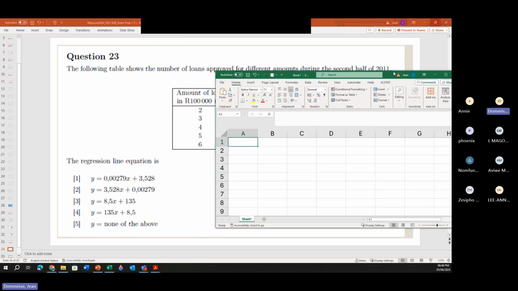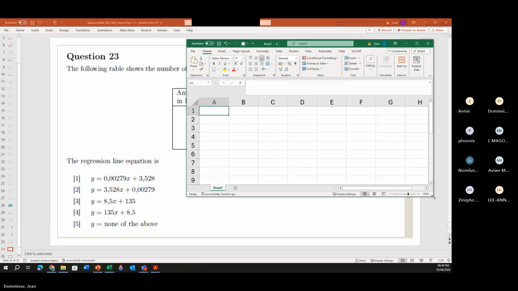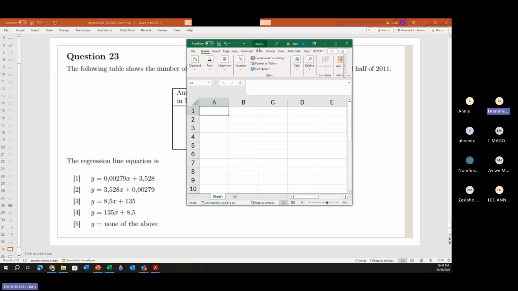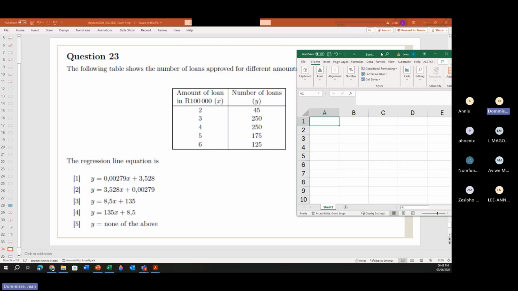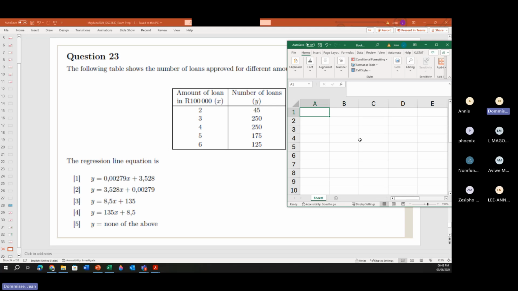You are more than welcome to also use your calculators, because most of your calculators can do it. I'm just, again, my calculator skills for this one are not as good as my Excel skills. So I would just rather use Excel for this.